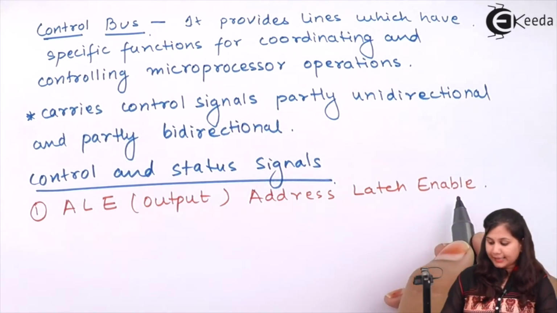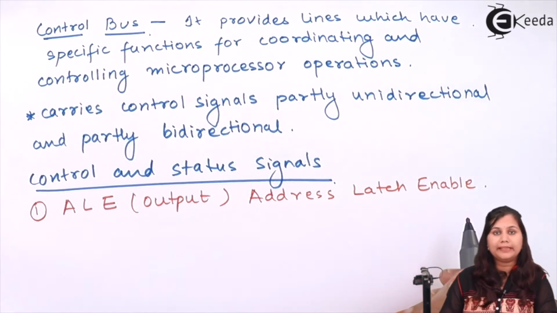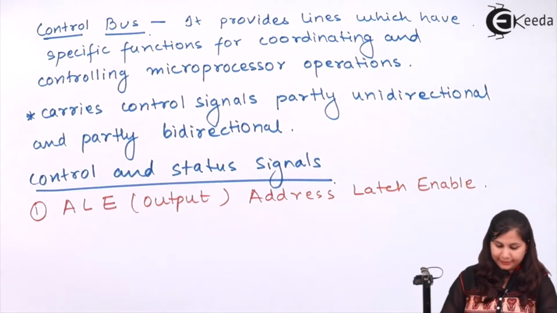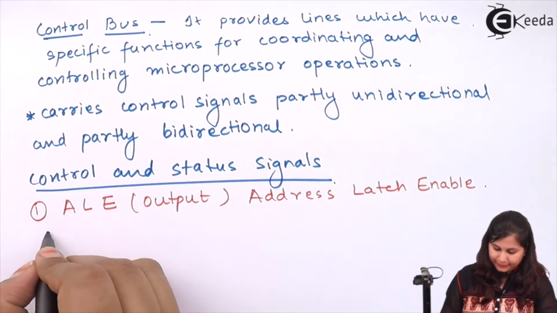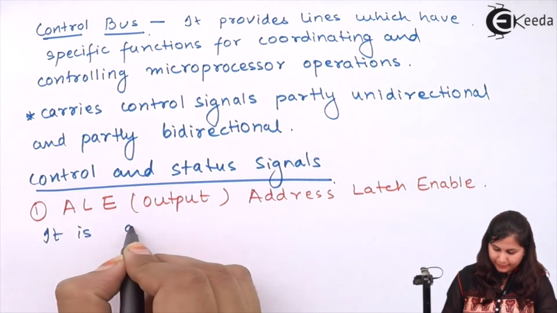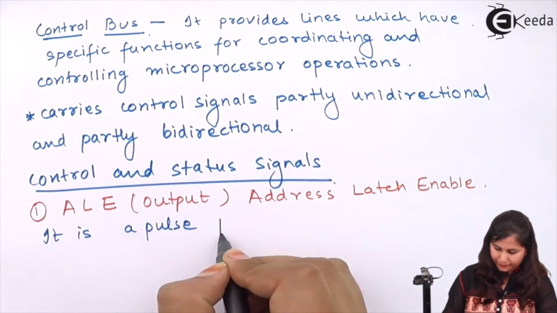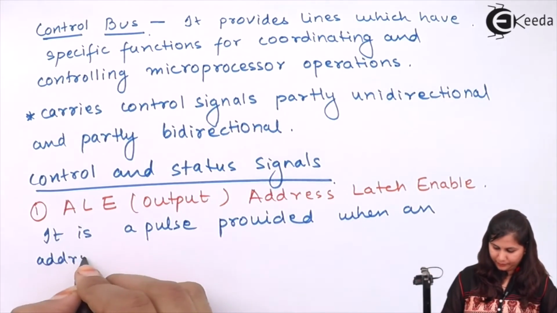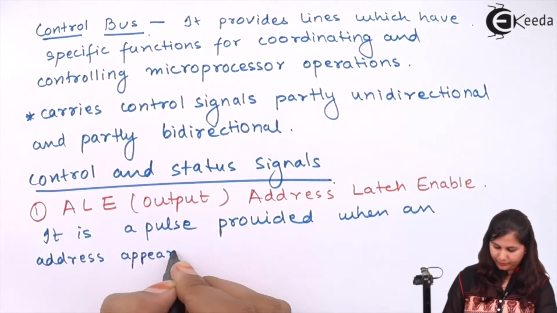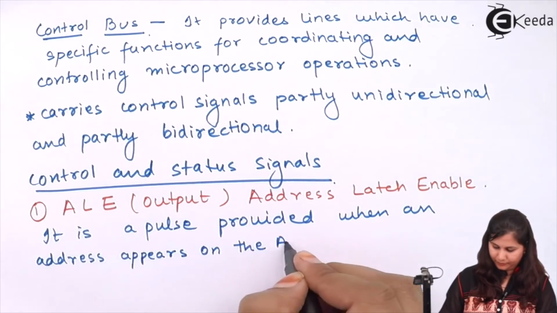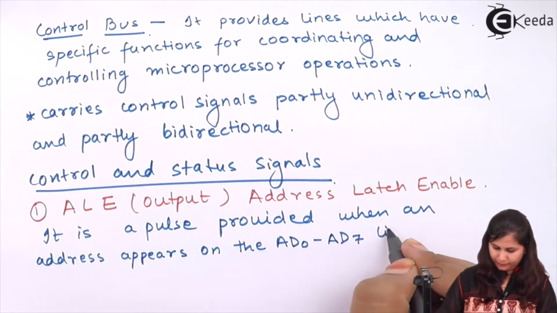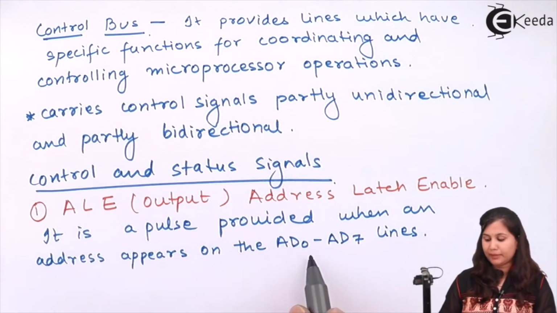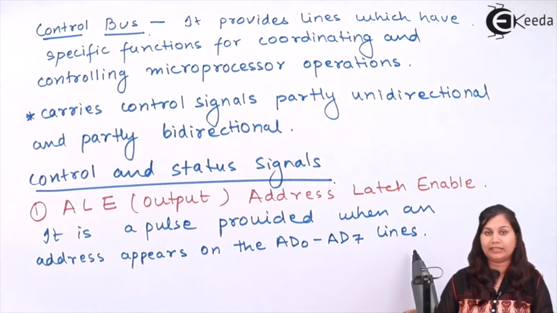This ALE signal is used in the demultiplexing of the address and the data buses, and it is a pulse. It is a pulse which is provided when an address appears on the AD0 to AD7 lines.